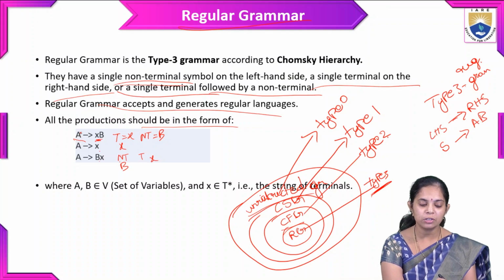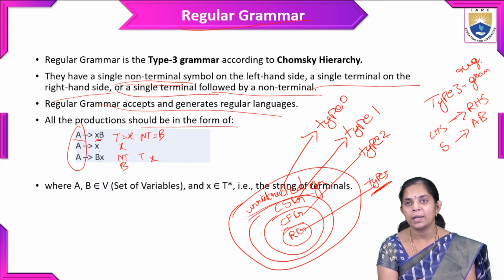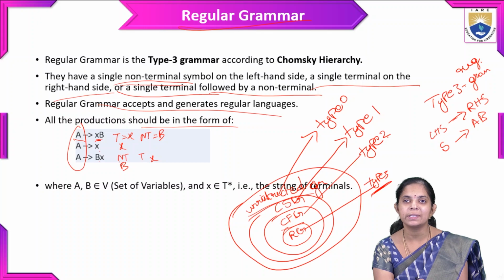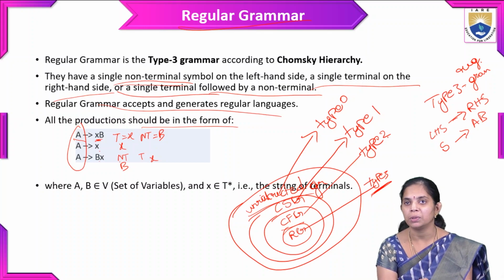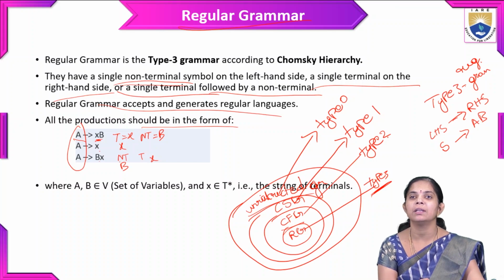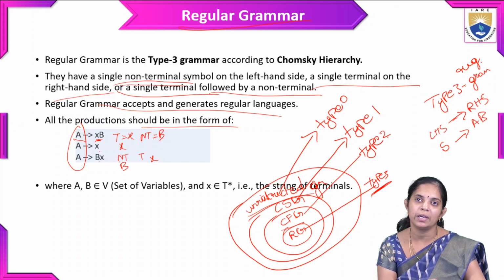One condition we need to note: on the left hand side we have only a single non-terminal. A terminal can't be represented on the left hand side of the production rule.